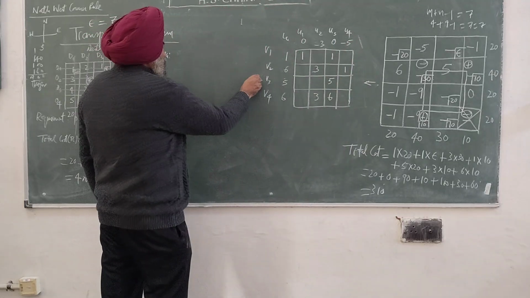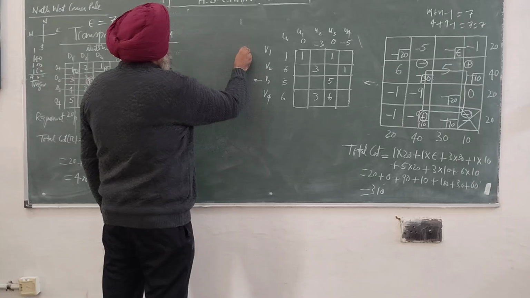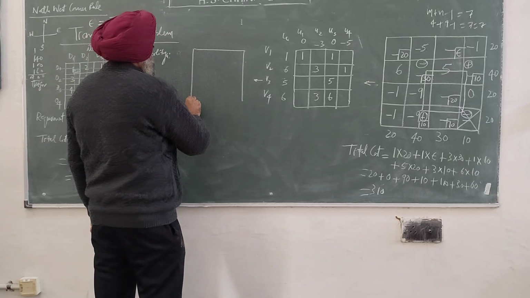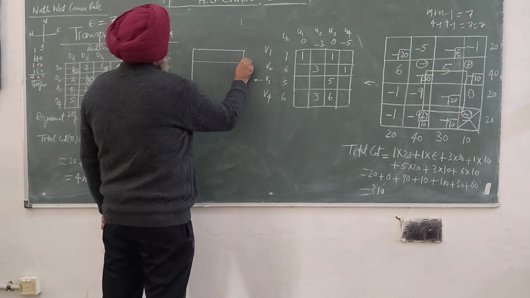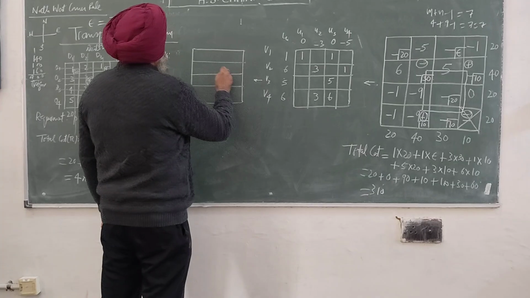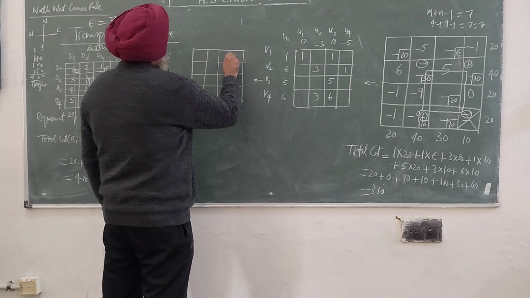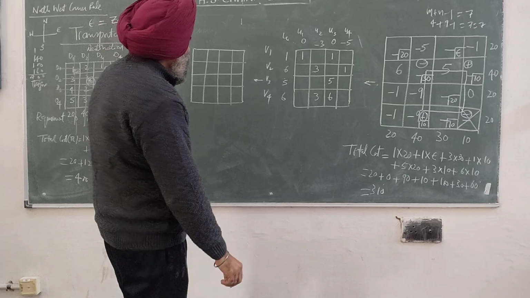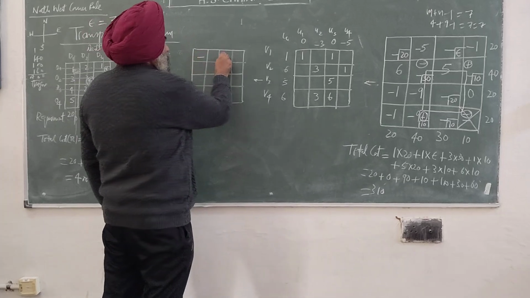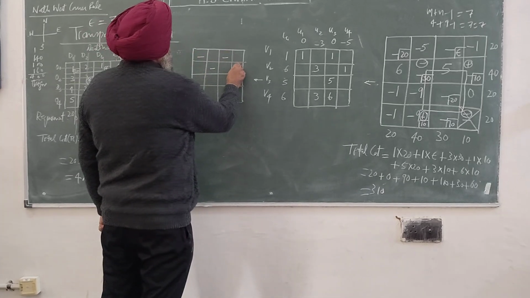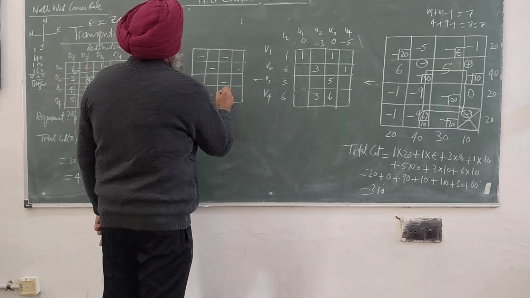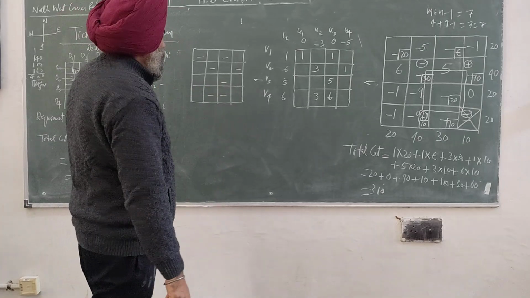Now we proceed further. Again make a cost matrix. Look at here, again the UiVj matrix for non-allocated cells.